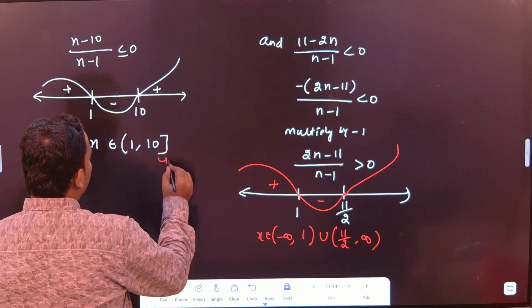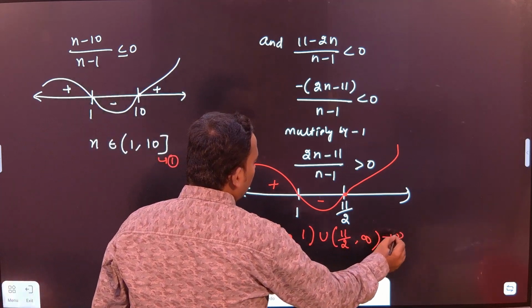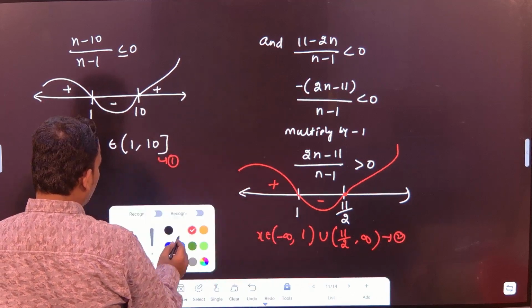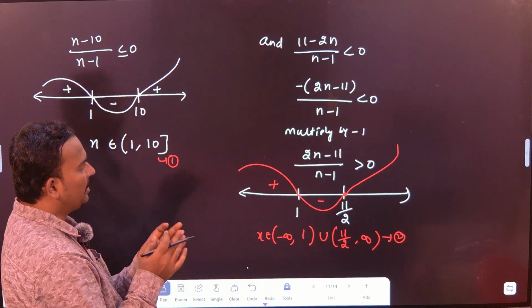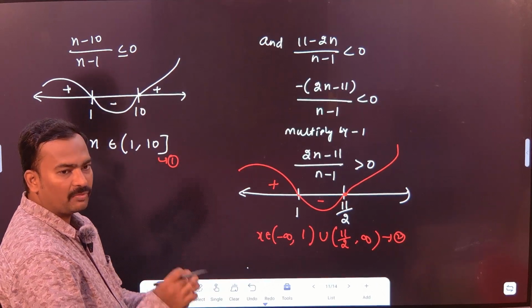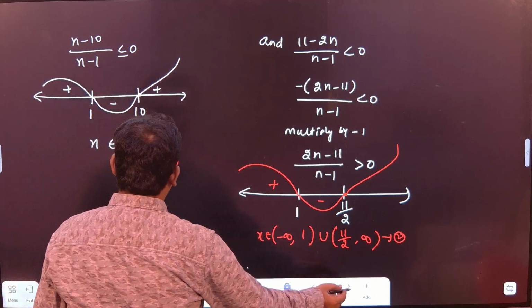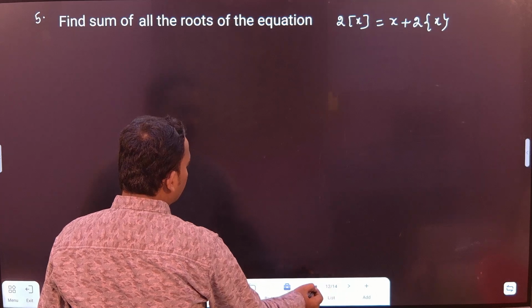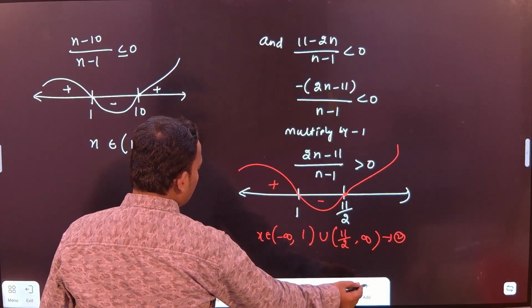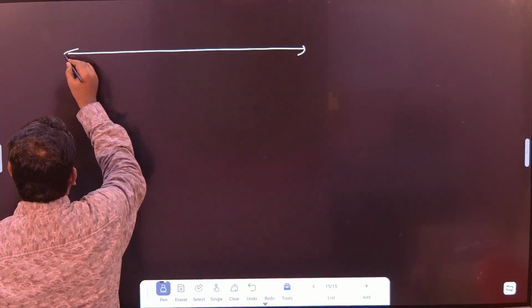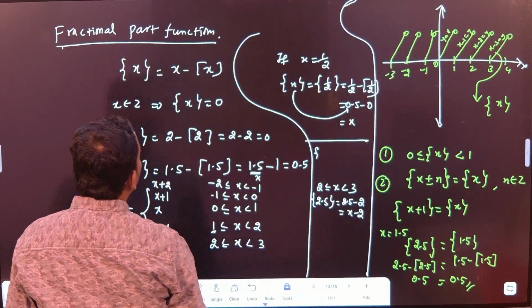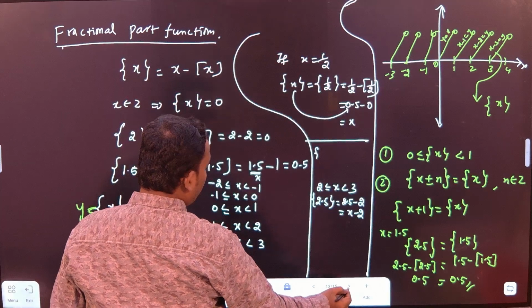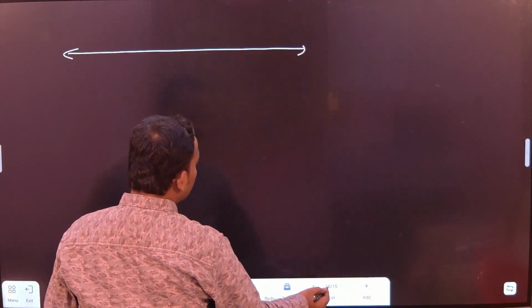So let's take this as condition 1 and this as condition 2, right? We need to take the intersection of these two, and then we can find the n values. So let me take another page. So what are the things here?